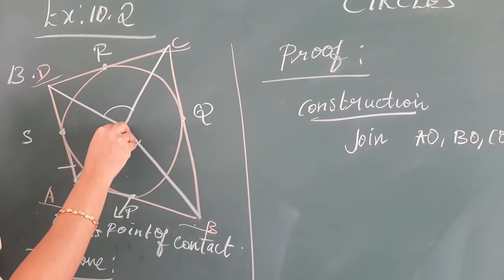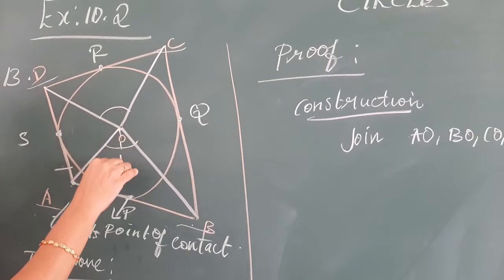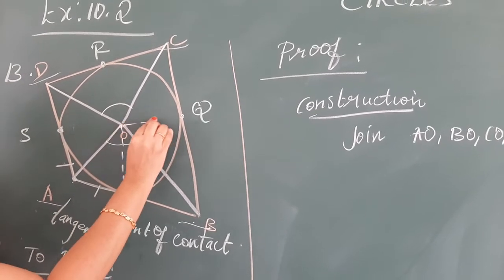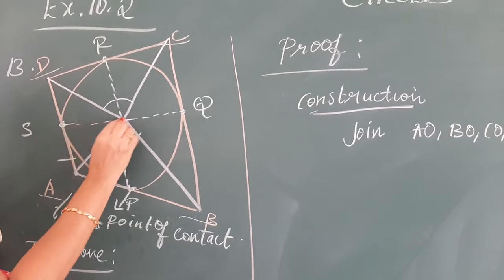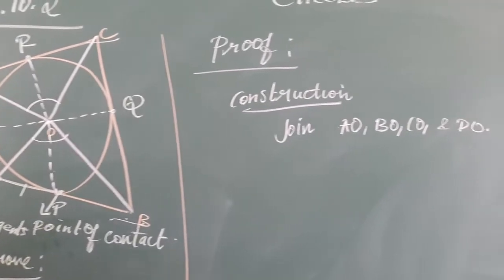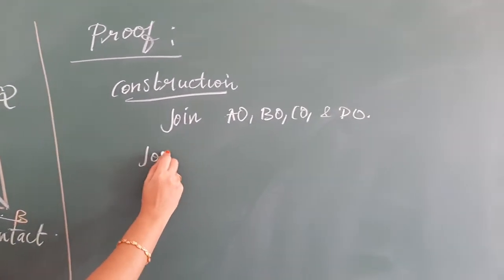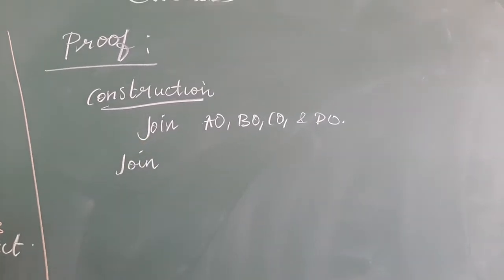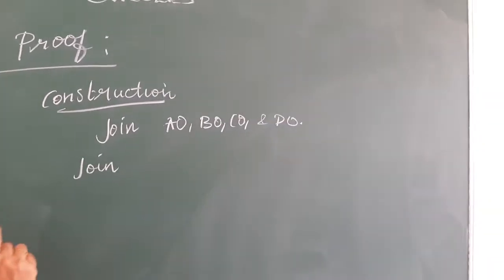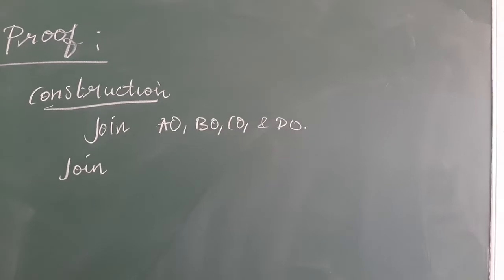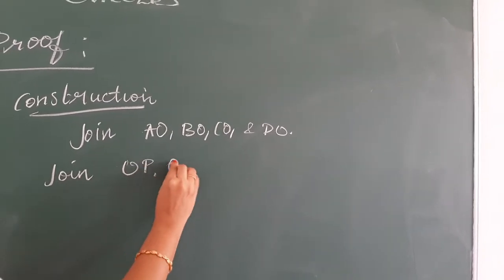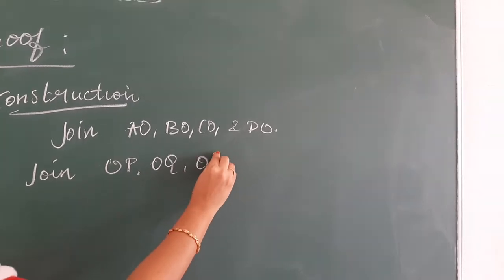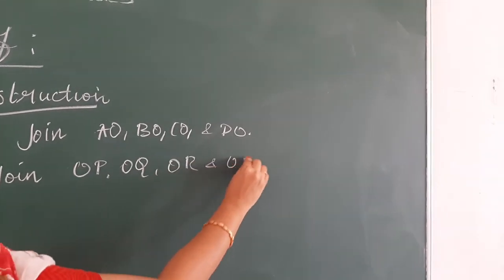So the radius here is the first radius OP, the second one OQ, the third one OR and the fourth one OS. So what is the second construction we did? We have drawn the radius to the circle to meet the point of contact, that is P, Q, R, S. We joined OP, OQ, OR and OS.